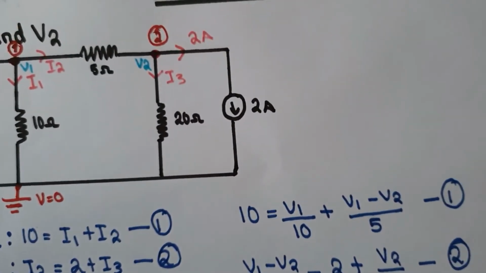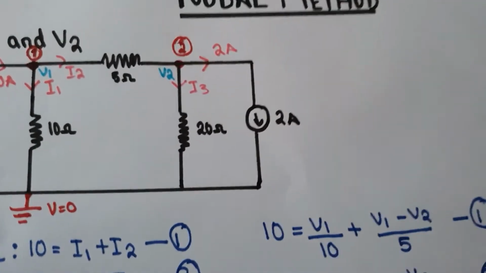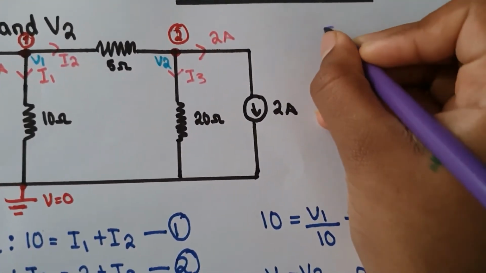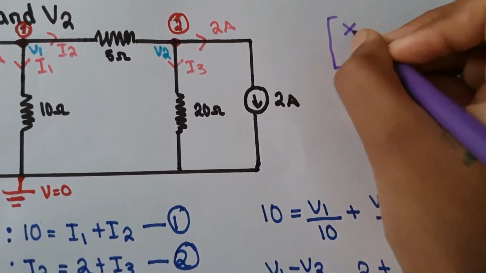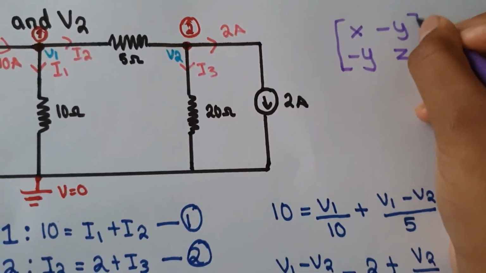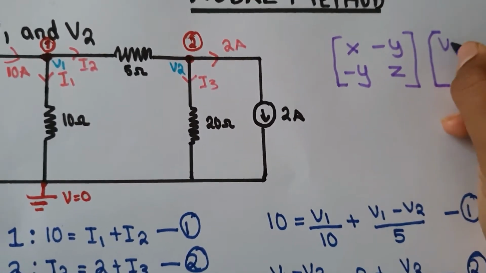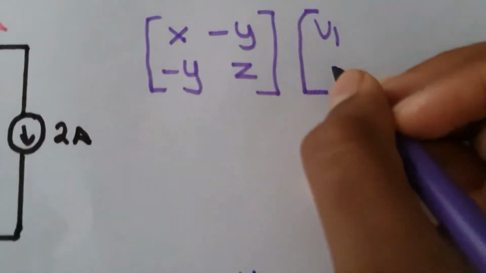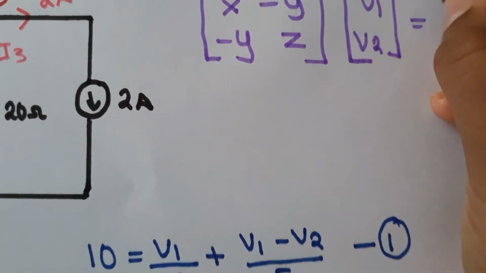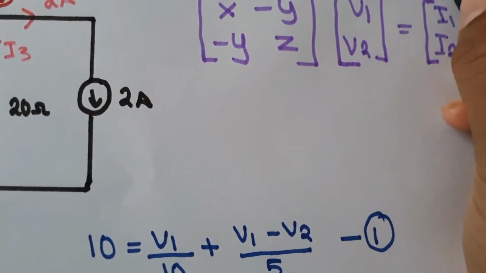So to do it in the matrix, let's just say we have x, minus y, and z, and you have your V1, V2 equal to I1, I2.